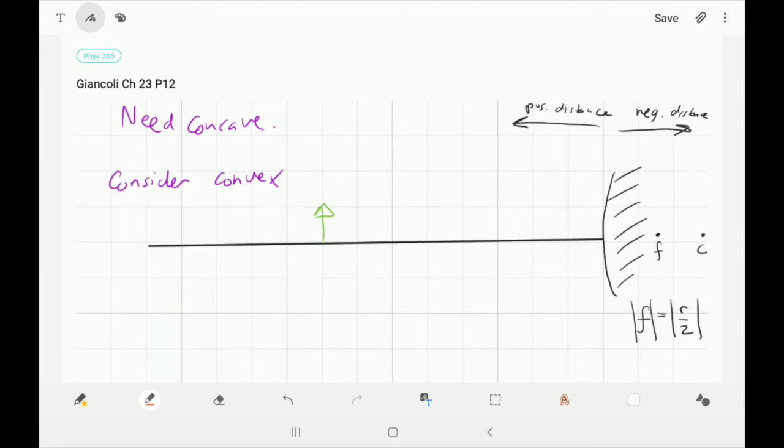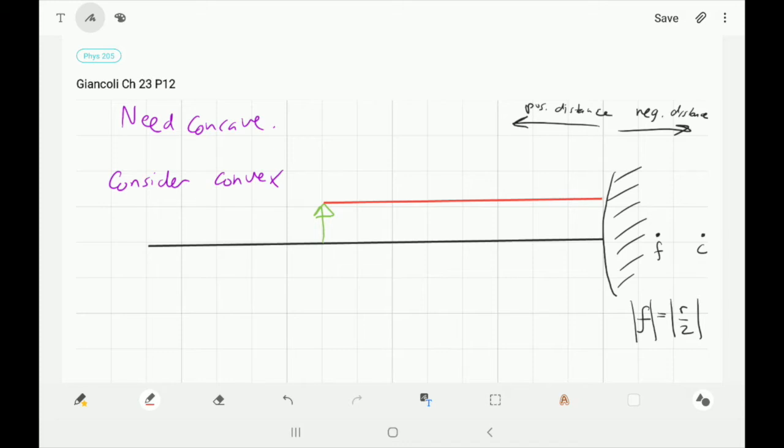If you ask what the rays of light that scatter from this object do, the most special ones that we want to consider are the ones that come in perfectly parallel to the optical axis. And what they do is they reflect away from the focal point.